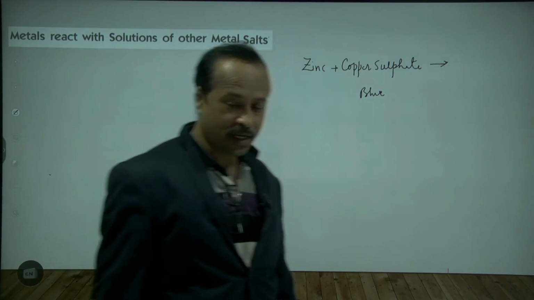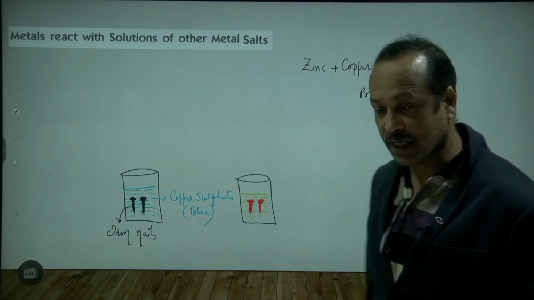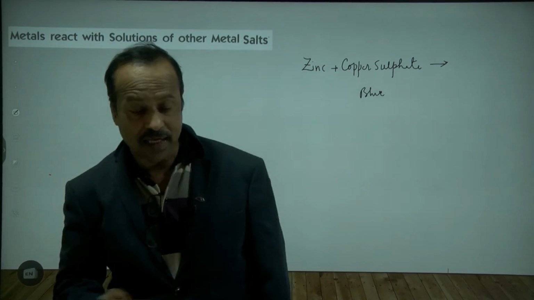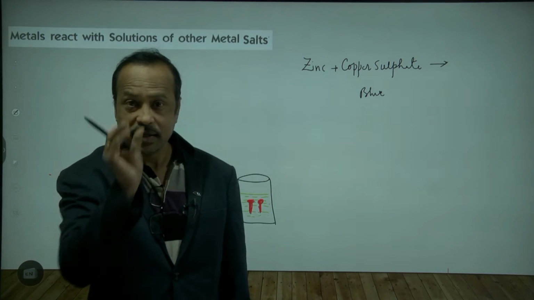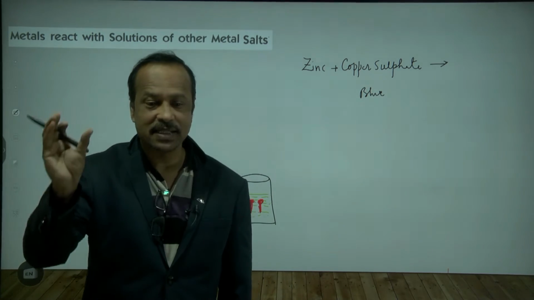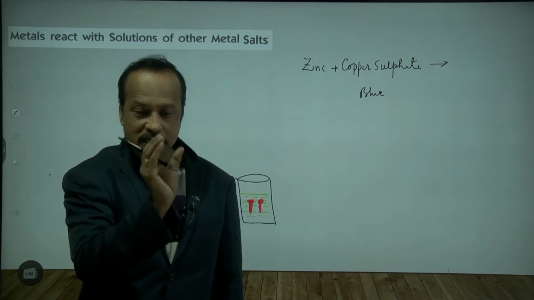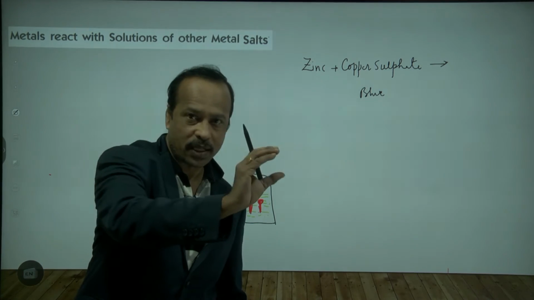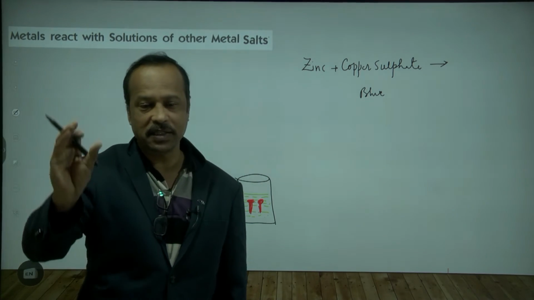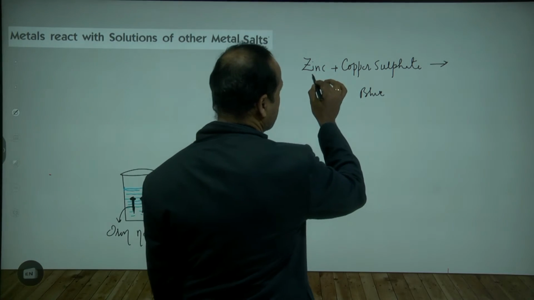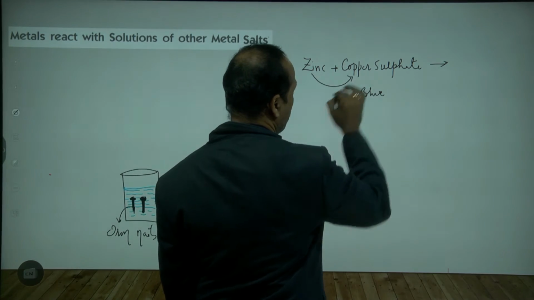So here you are not getting the concept. You have to understand the concept. In the previous slide I said that the metal displaces hydrogen. Displaces means removes the hydrogen and occupies that place. I said yes or no. So here also, the zinc displaces copper.